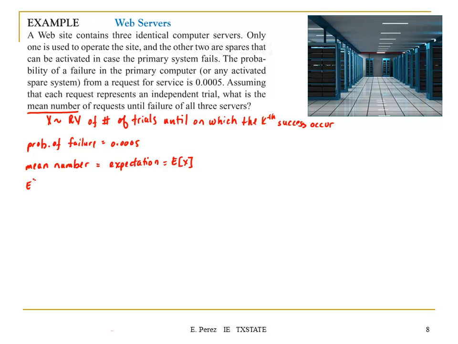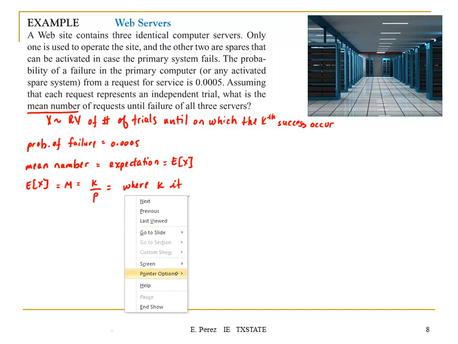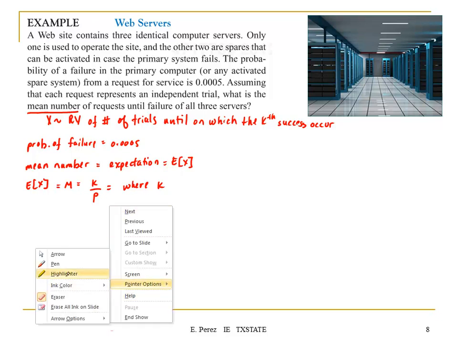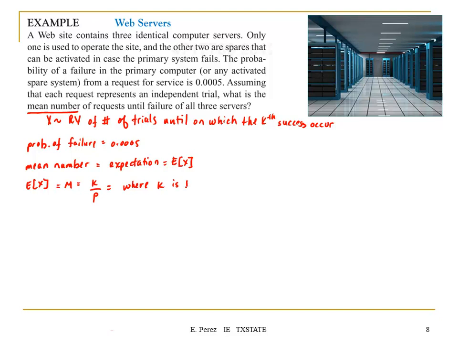And for the negative binomial, we know that the expected value of x is going to be equal to mu, which equals k divided by p, where k is the number of successes.